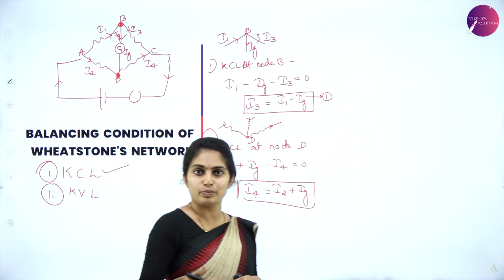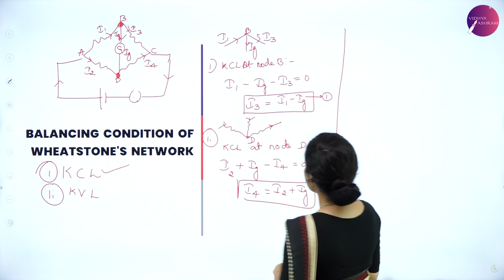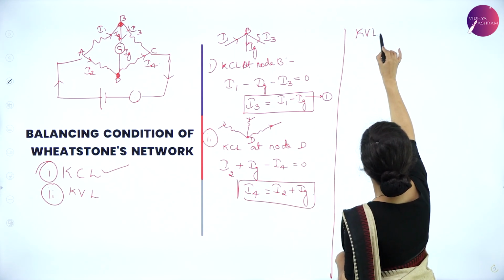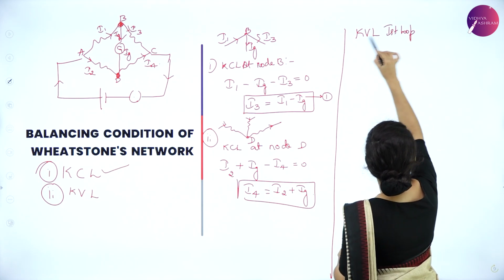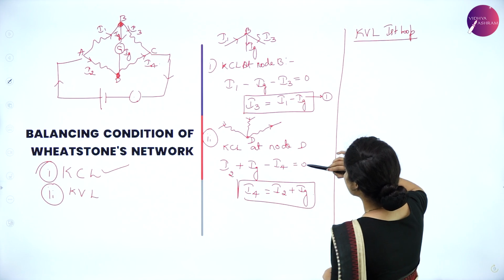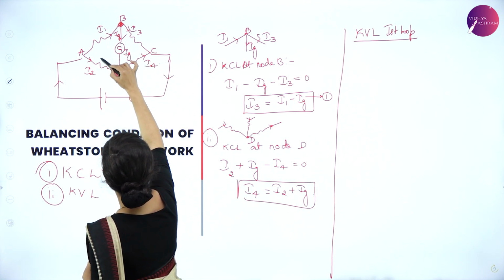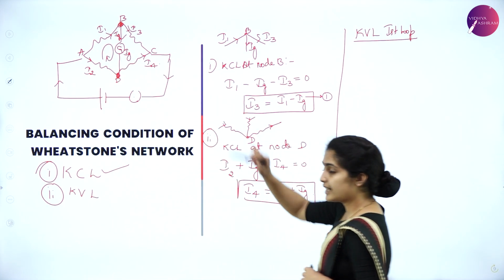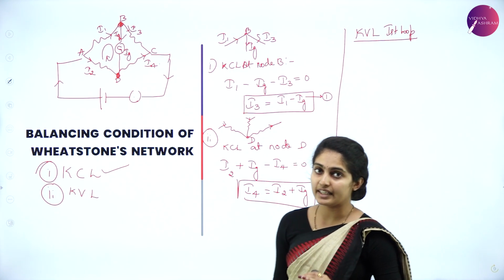Now we have to check with Kirchhoff's voltage rule because node conditions are over. Now we have to take loop conditions, loop rules. So let us go on with KVL. Applying KVL to first loop, we have this set IG, I1 and I2. Let us take it in a clockwise direction, or you can even consider anti-clockwise direction.